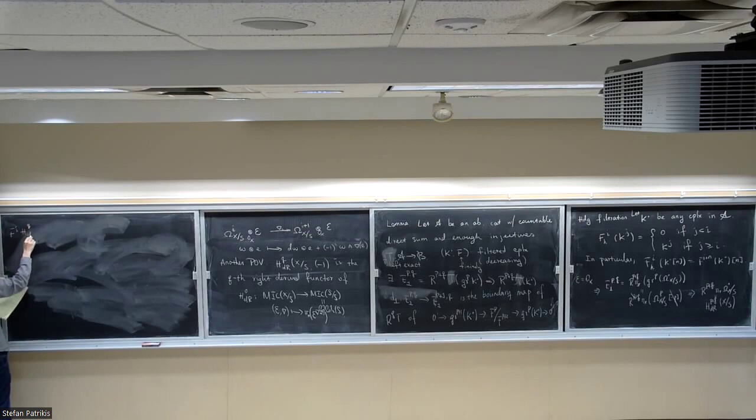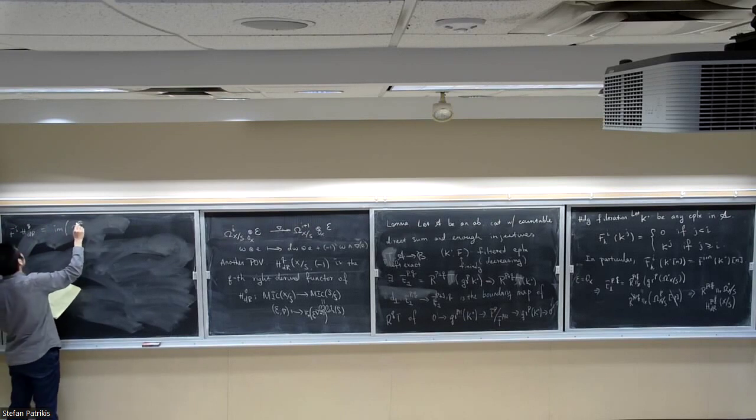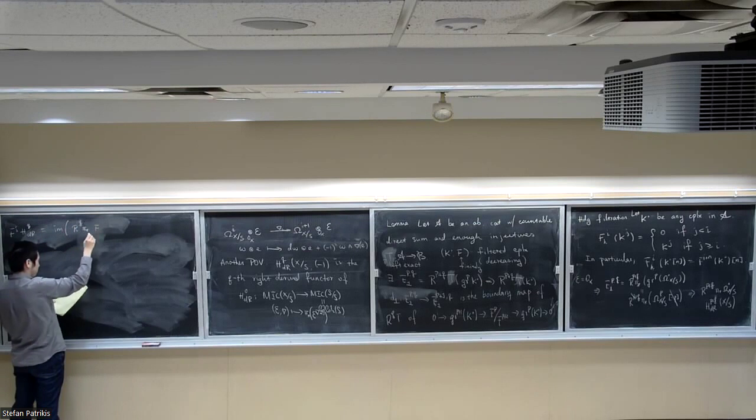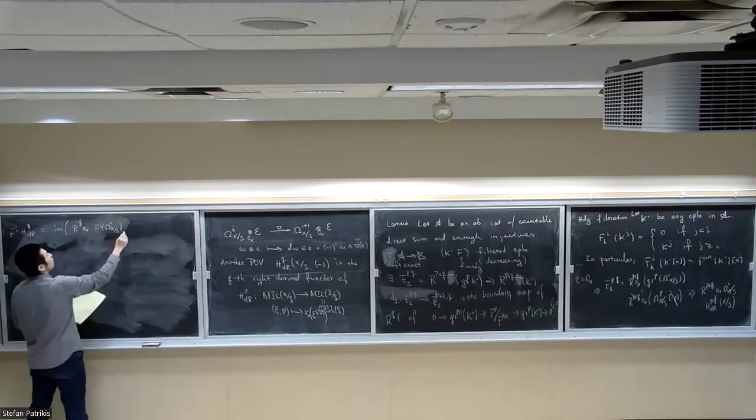The Q de Rham is the image of R P plus Q push forward F I.